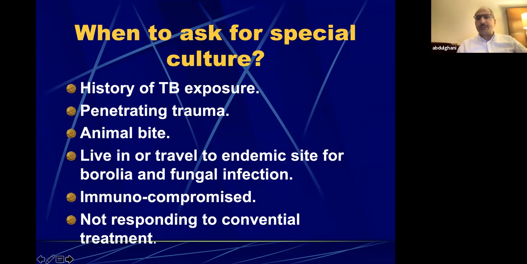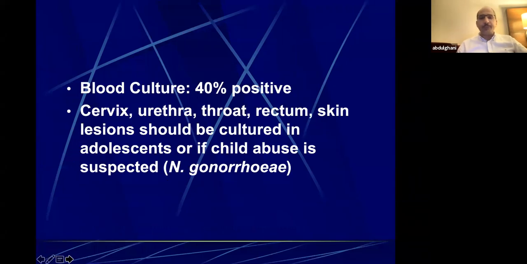When to ask for special culture? At times you have to ask for special culture of the synovial fluid when there is a history of tuberculosis exposure, history of penetrating trauma, animal bite, or the patient lives in or has traveled to an endemic site for borrelia or fungal infection. And if the patient is immunocompromised, and if the patient is not responding to conventional appropriate treatment.